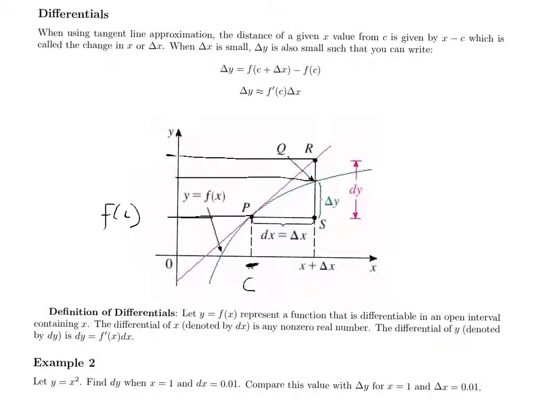Our green function here is f. This distance is what we call delta y.